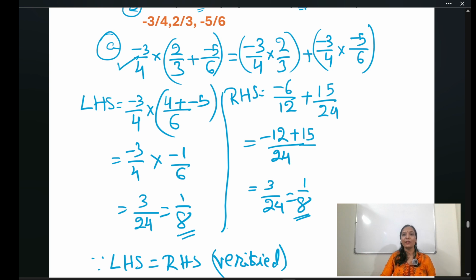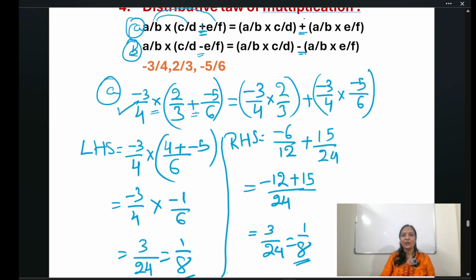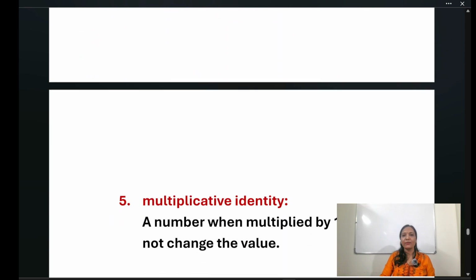We have to verify, and under which law we have to mention also. So if we find a by b, c by d and e by f and symbols are changed here, see here multiplication and here either positive or negative, then it comes under our distributive law of multiplication. So like this we have to identify and verify.